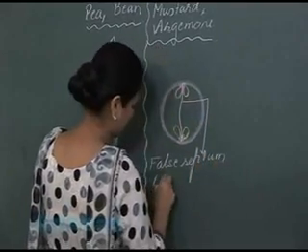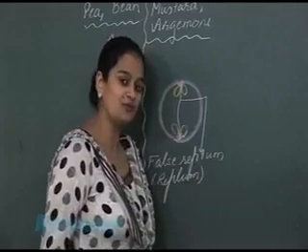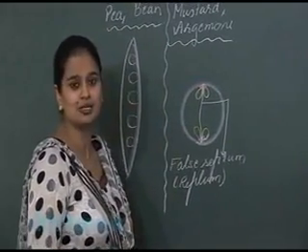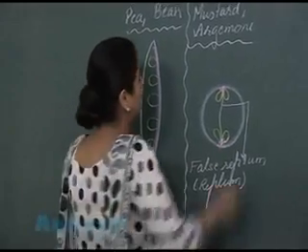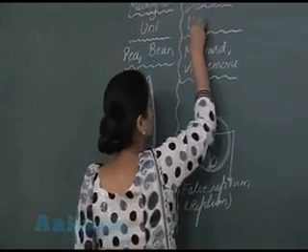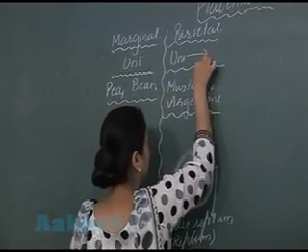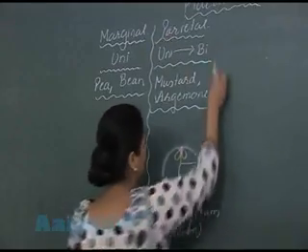This false septum is known as replum, and due to the formation of the replum, the unilocular condition has been changed into the bilocular one. So in mustard, it is initially unilocular, but due to the formation of the replum, the condition changes into bilocular.